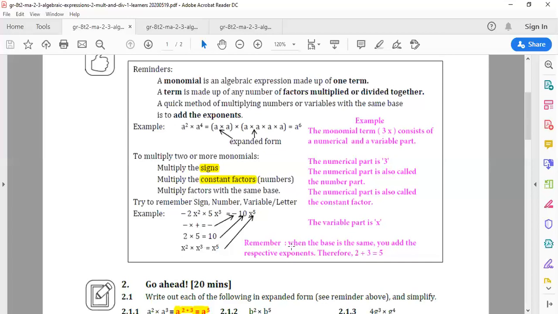And something to remember, when the base is the same, you add the respective exponents. For example, in this x squared multiplied by x cubed, because the base, which is x, is the same, you add 2 plus 3 gives you 5.